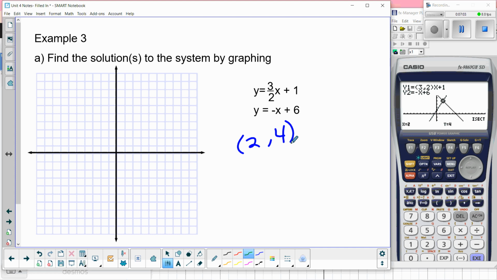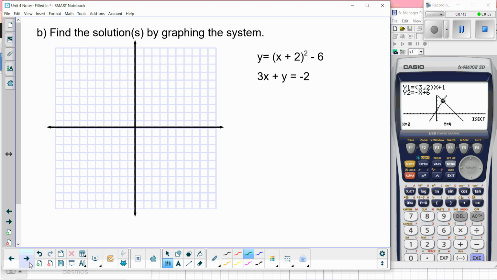So I graphed them on my calculator. And I could plot that graph over here, but I'm trying to save time for us in this video. Now, if we have functions like this, where the first one is y-intercept form and this other one is standard form, you cannot put this second equation into these calculators.